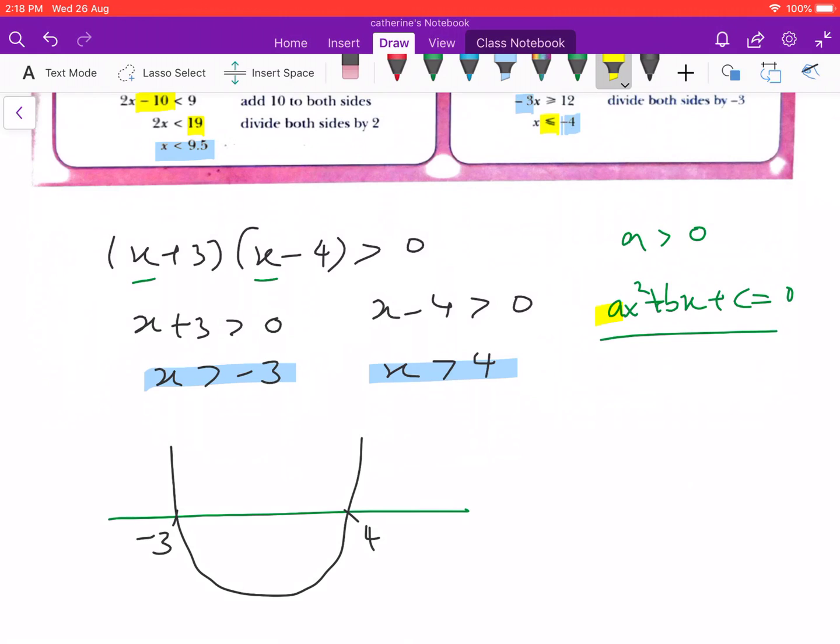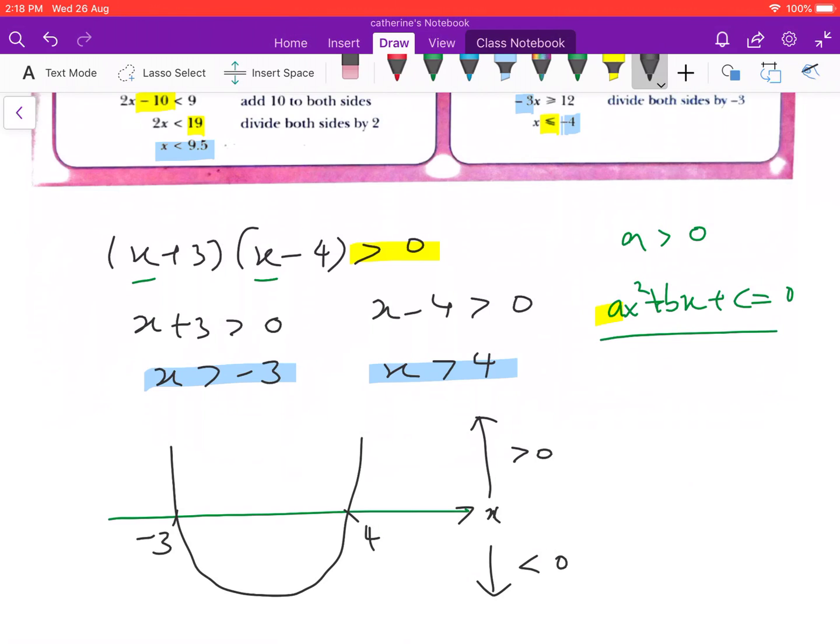Then let's look at the question. The question says that they want the range to be more than 0. So if it is more than 0, let's say you see this as the intersection on the x-axis. The region which is more than 0 will always be above the x-axis. This will be the more than 0 region, and this will be the less than 0 region.